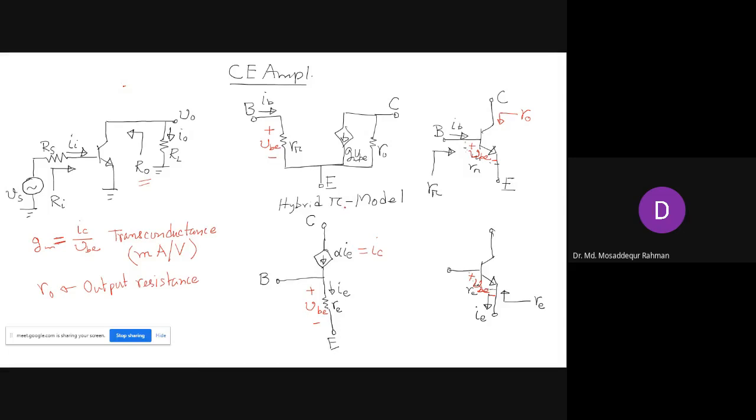What is the relation between R pi and RE? Is there any relation? Okay, so what is the relation, right? What was the question, sir? What is the relation between R pi and RE?